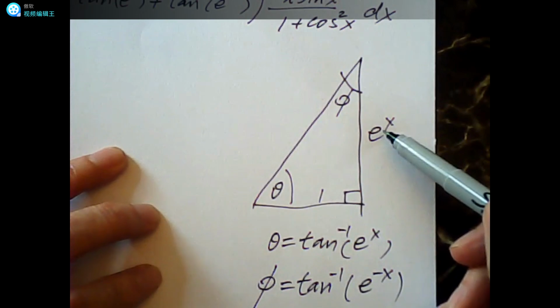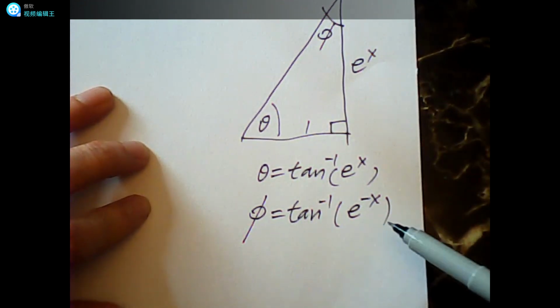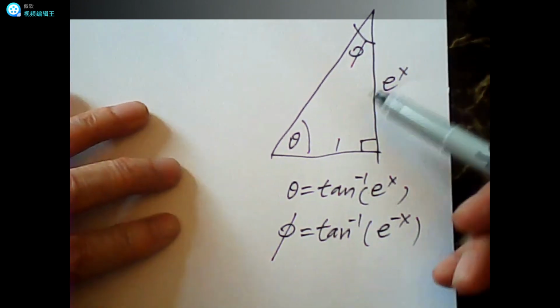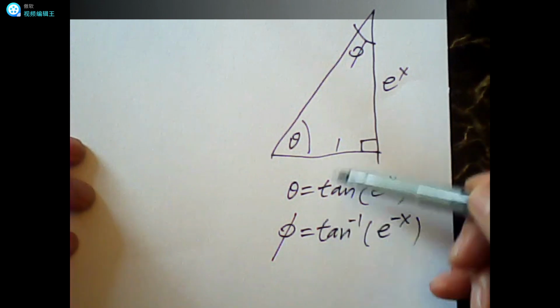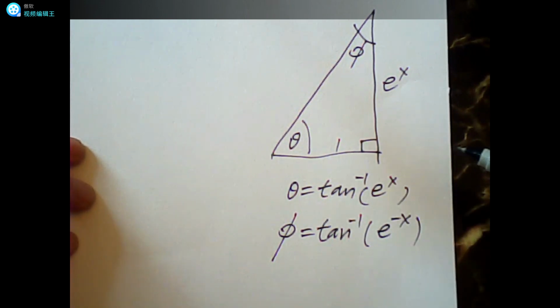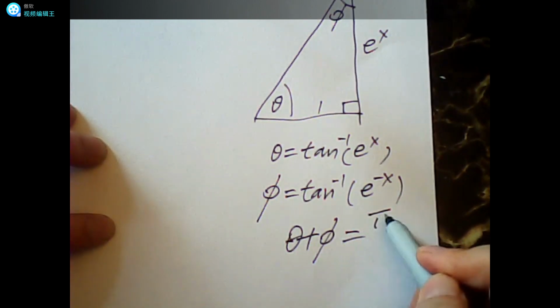And since e to the x and e to the negative x are always positive, the angle is acute, positive. Therefore, theta plus phi is half pi.